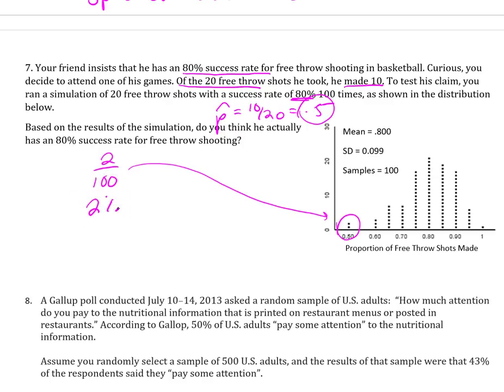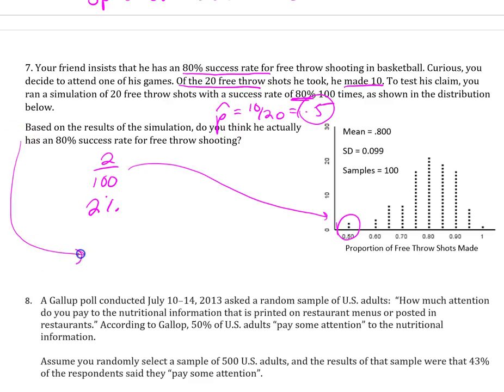That's 2% of the time. So essentially what you need to think about is, do you doubt your friend? The fact that on the simulation, 50% of free throws being made only happens 2% of the time causes me to doubt my friend is actually an 80% free throw shooter.